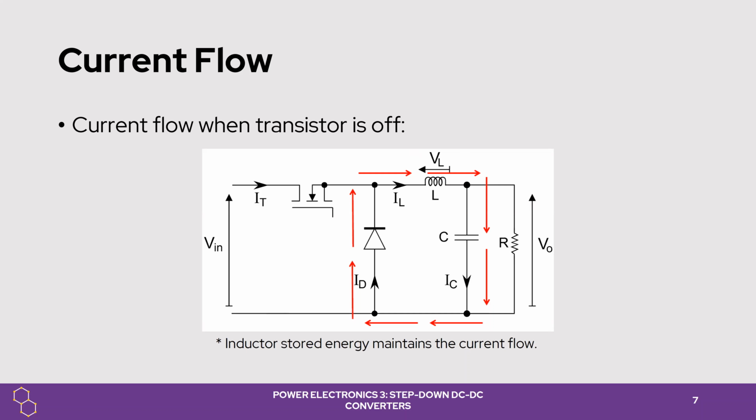Simply, in this case, the inductor keeps the power flow consistent in the circuit. You can see the path in which the current flows on the slide, indicated with the red arrows again. It moves in a clockwise direction.